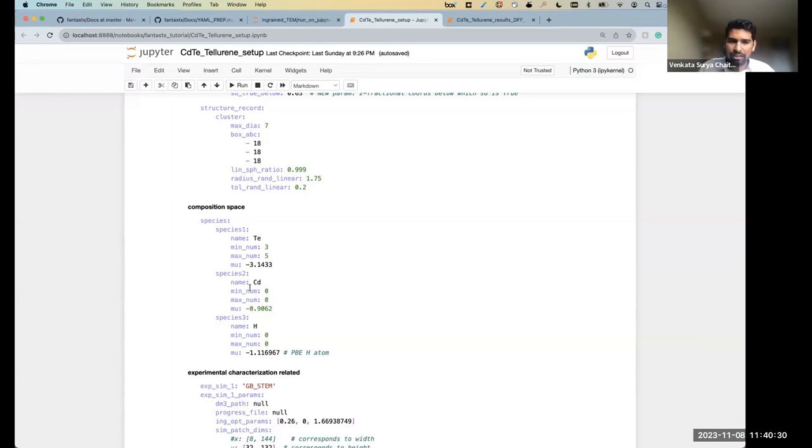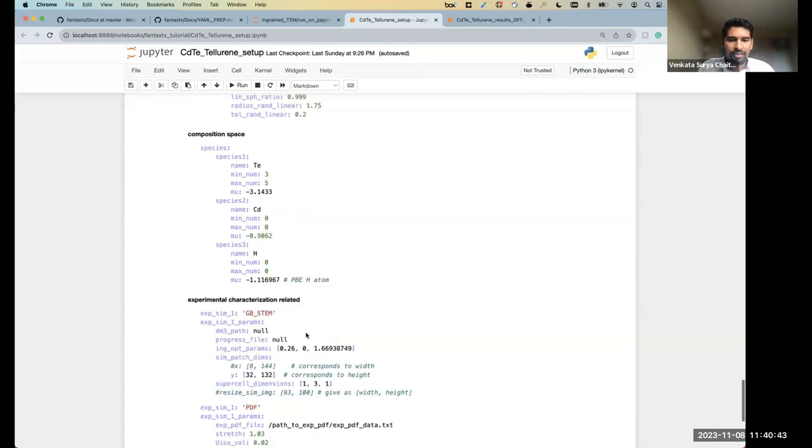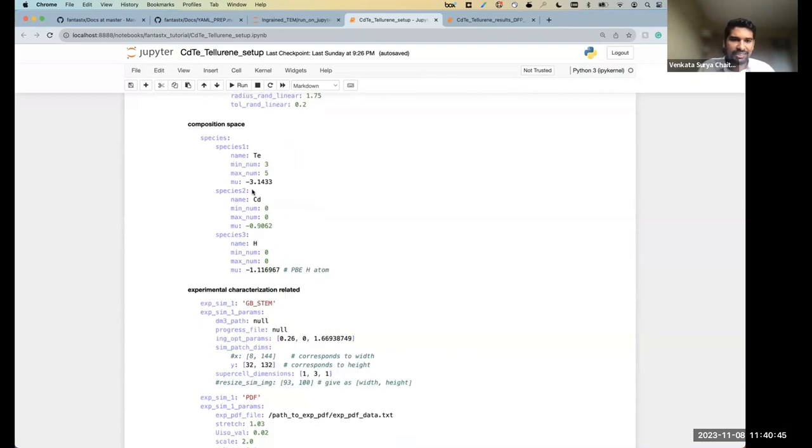If we don't give cadmium or hydrogen here, then it will run into errors when it's trying to run VASP with only tellurium, whereas the structure contains cadmium, tellurium, and hydrogen. So the composition space and the chemical potential for each species should also be provided. And this will vary the results significantly.